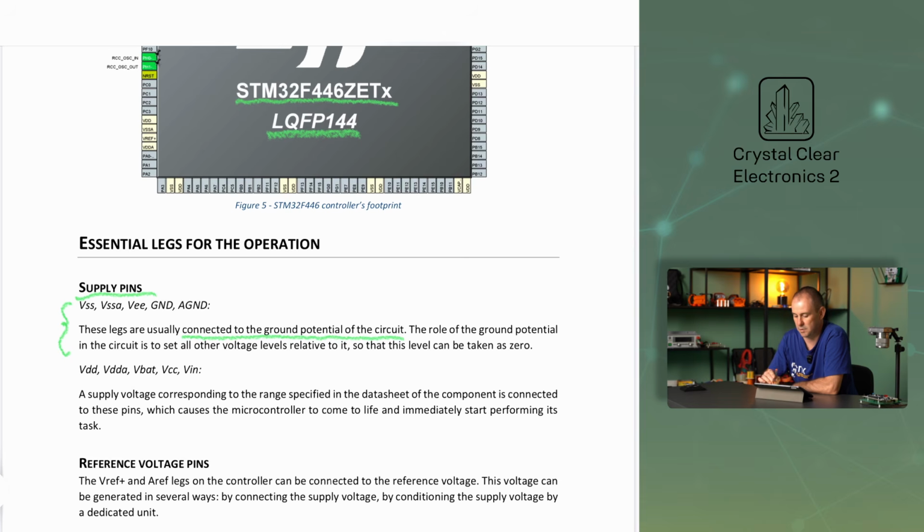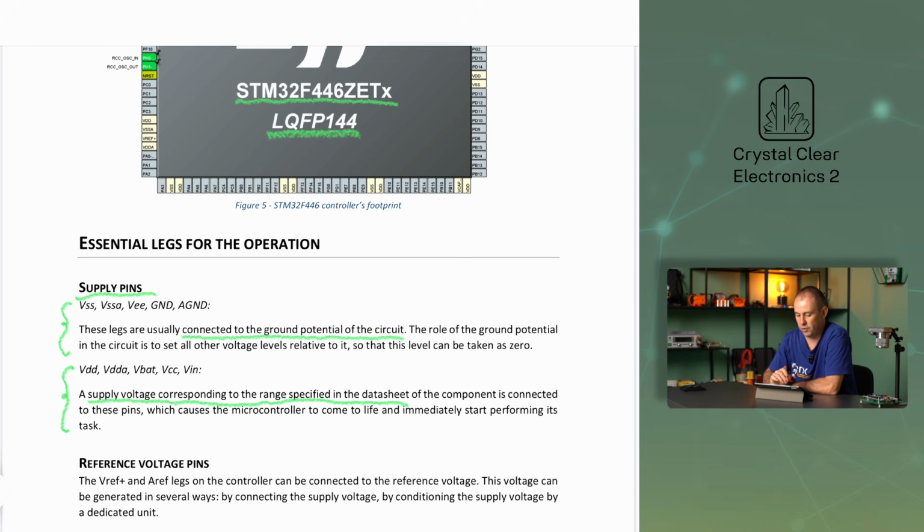The role of the ground potential in the circuit is to set all other voltage levels relative to it, so that this level can be taken as zero. The second group includes the VDD, VDDA, VBAT, VCC, and VIN. A supply voltage corresponding to the range specified in the datasheet of the component is connected to these pins.